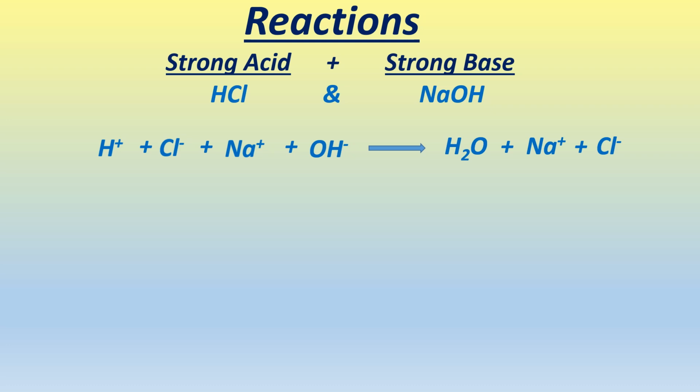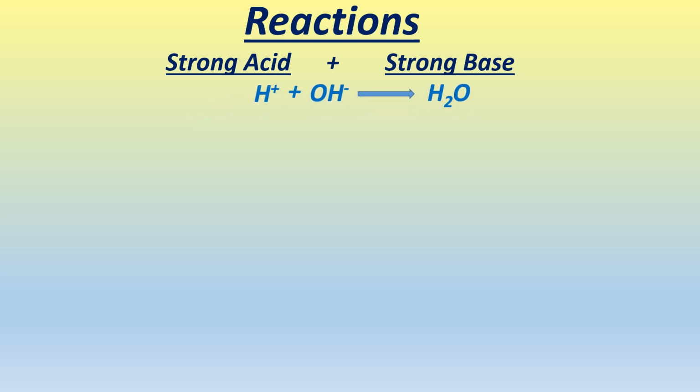As these appear on both sides of the balanced equation, they're going to cancel out. Therefore, the only thing I'm left with for a strong acid and a strong base is H plus and OH minus gives water, meaning I have what's called the neutralization reaction, and at the end of the reaction, the pH will be 7.